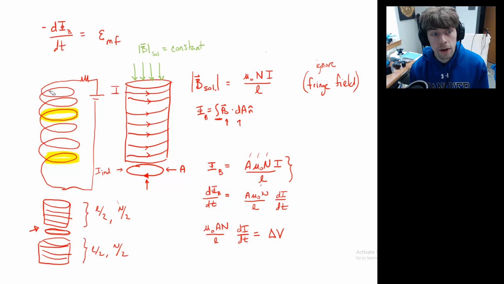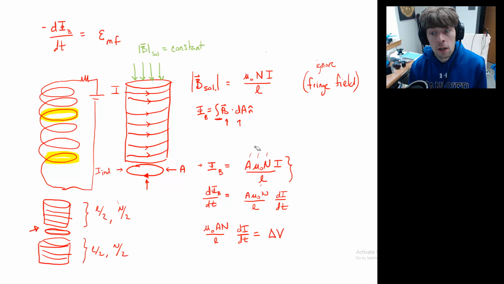And in fact, you could do the top loop or the midway point, or you could do this process for the flux through each of the loops in the solenoid. Okay. So it doesn't matter where that loop is located.